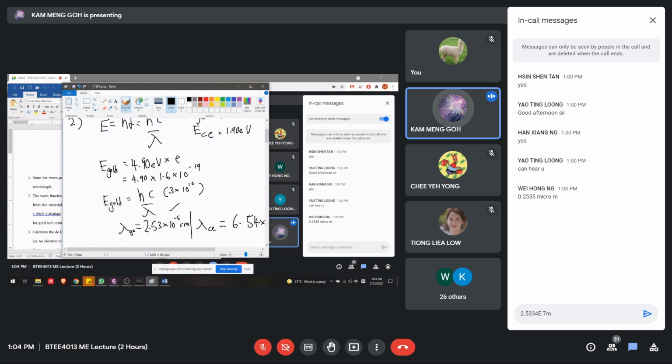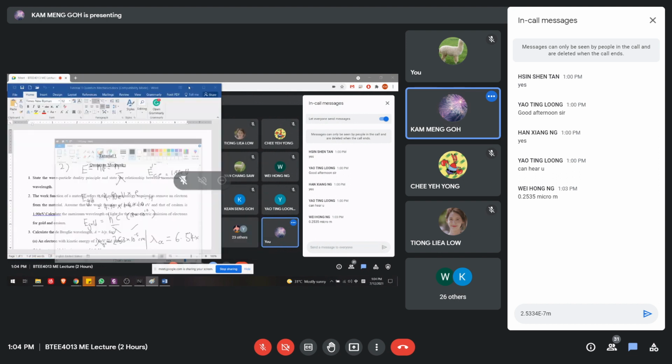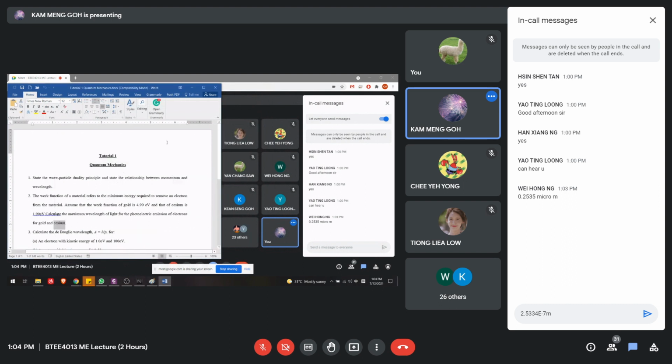So you guys can know that since this one is dealing with the photoelectric effect, you just need to use this formula to calculate the wavelength. That's it only. Okay, so let's wait for Yongqie's answer. Okay, Yongqie, are you here?